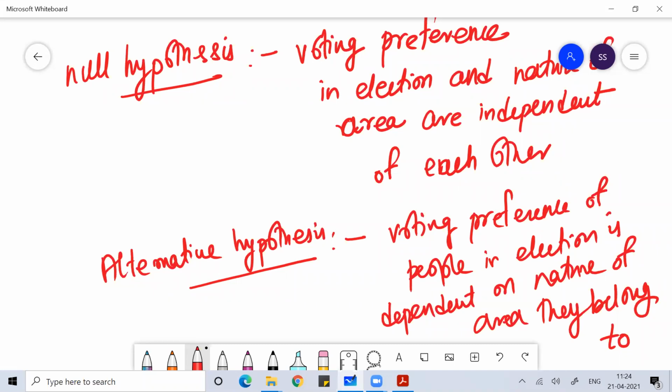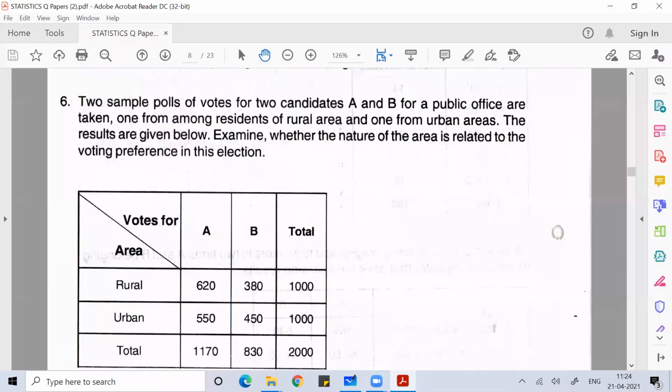I hope you understand. Whenever you get a question on chi-square or ANOVA or Z or T, by reading the question, you need to understand the situation. Here, the situation is that people from two different sets of society, either rural or urban, went for election, and they have given their vote to A, or they have given their vote to B, and the data is given for that.